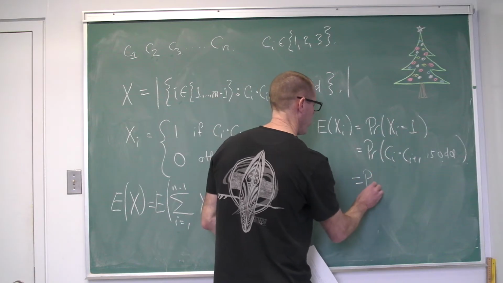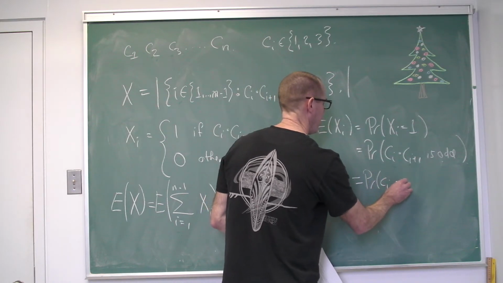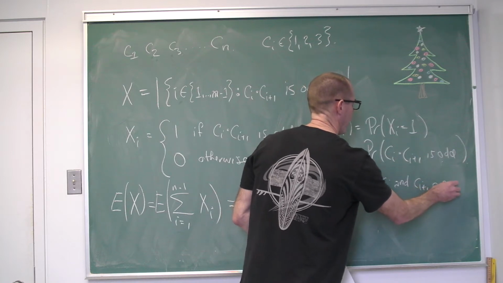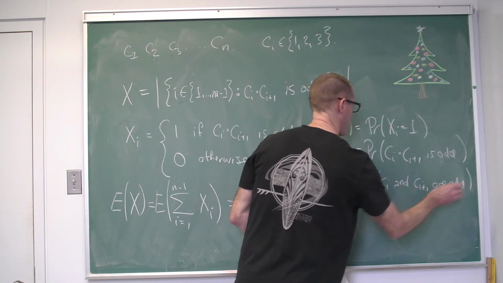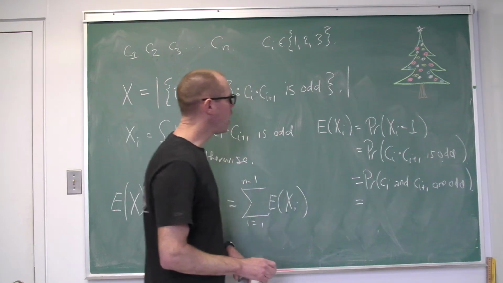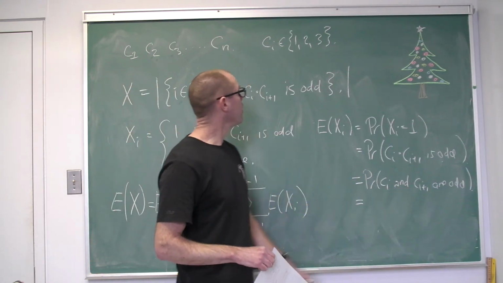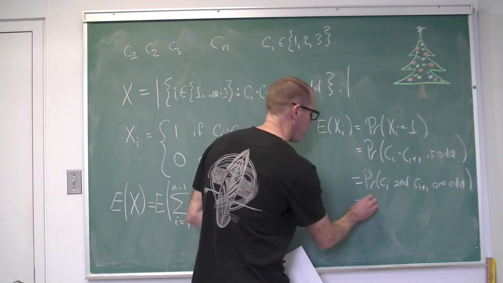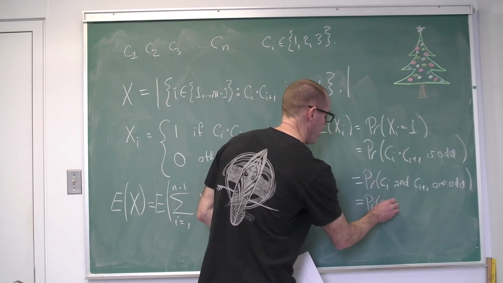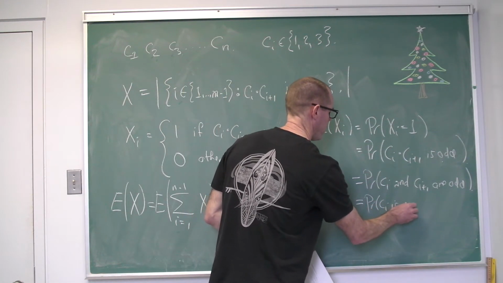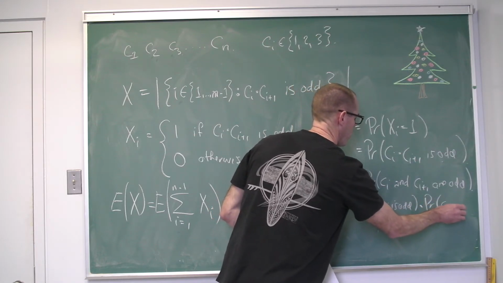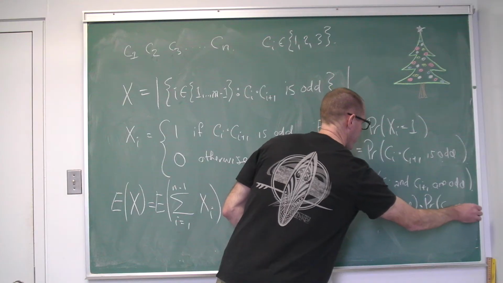So this is the probability that Ci and Ci plus 1 are odd. Ci and Ci plus 1 are independent. That was given in the question. So that's the probability that Ci is odd times the probability that Ci plus 1 is odd.